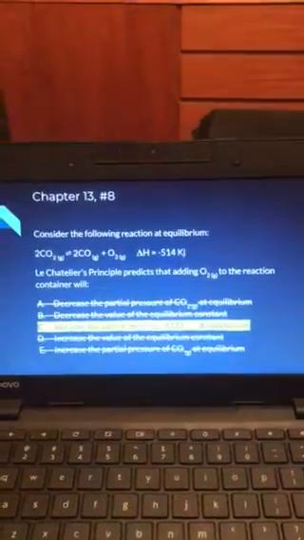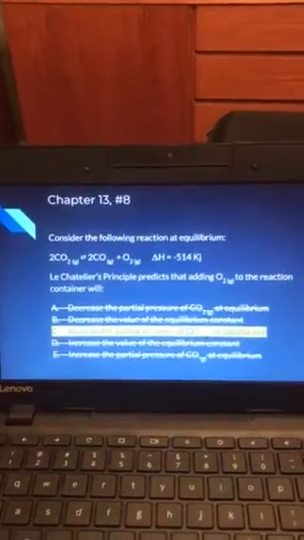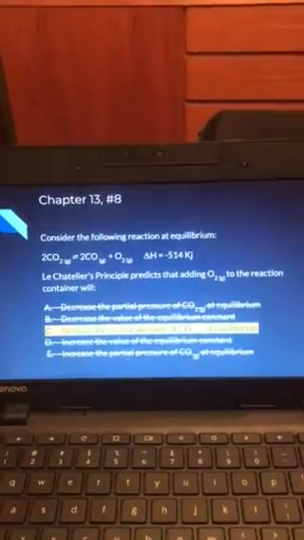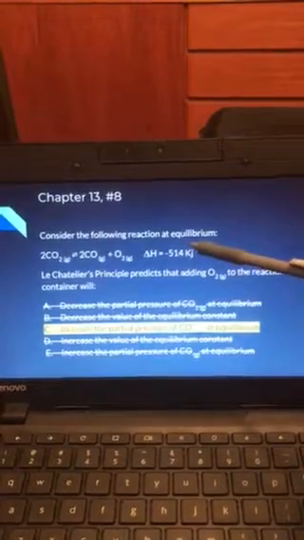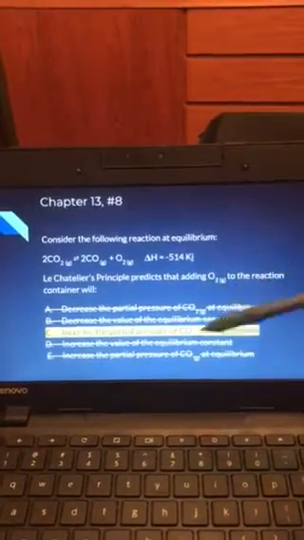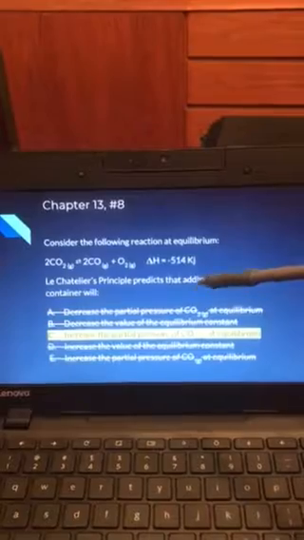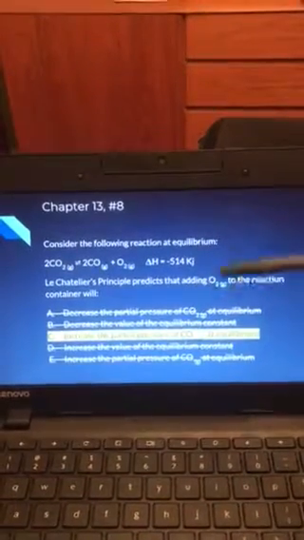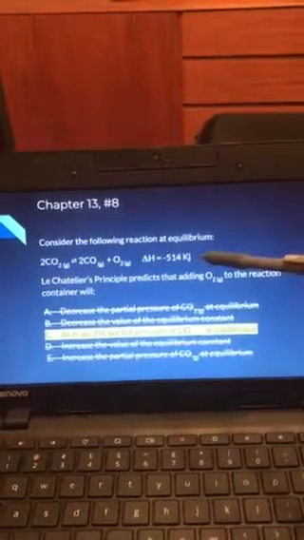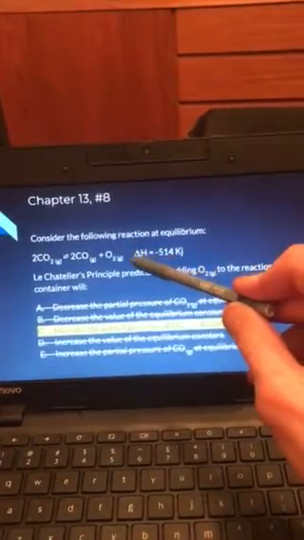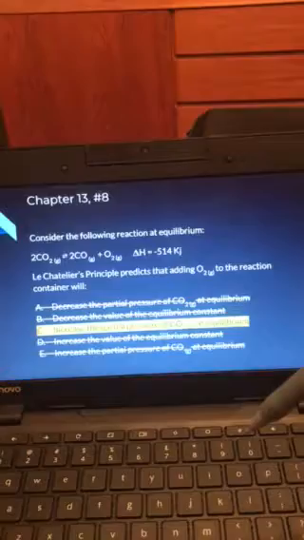That's the end of this problem, but something important to consider when you see these problems is that there is a delta H. That could have played a role in this if we were asked about temperature, but we weren't. But we have a negative delta H, which means that this is exothermic, which also means that you could write a plus heat on the product side.